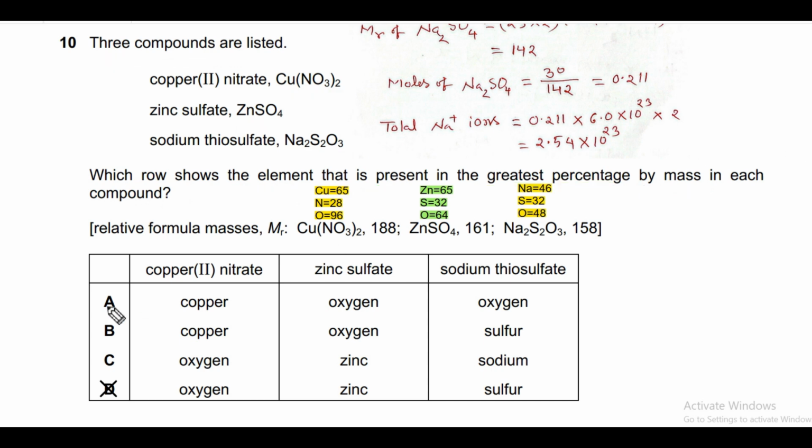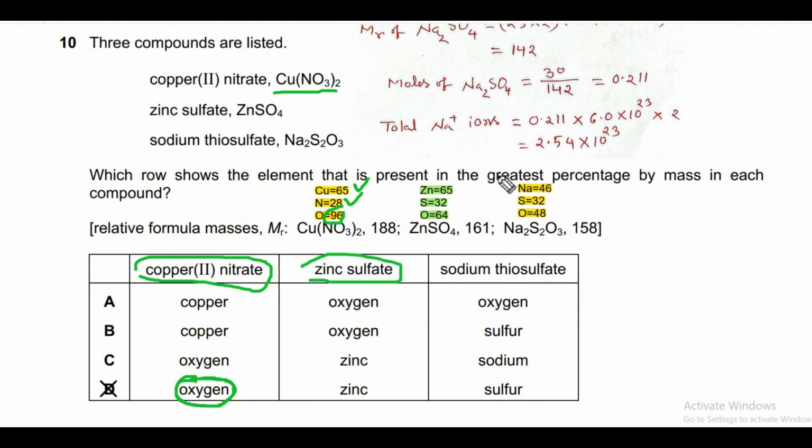You see, in copper 2 nitrate, oxygen is the greatest element. Why? Copper 65 gram, nitrogen 28, 2 nitrogen atoms, oxygen 6 atoms, so 16 times 6, 96. Oxygen mass is more, so the percentage of oxygen is greatest.